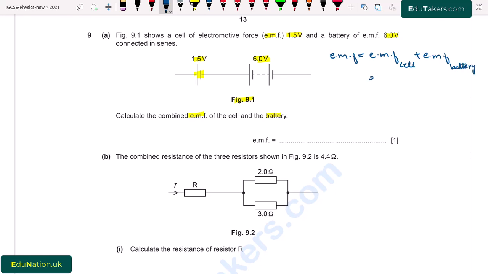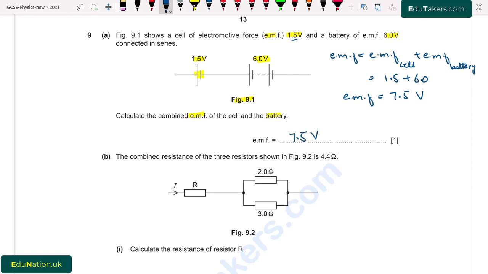In the question it is given that the EMF across the cell is 1.5 plus the EMF across the battery is 6.0 volt. So the combined EMF comes to be 7.5 volt. So I write here, EMF is equal to 7.5 volt.